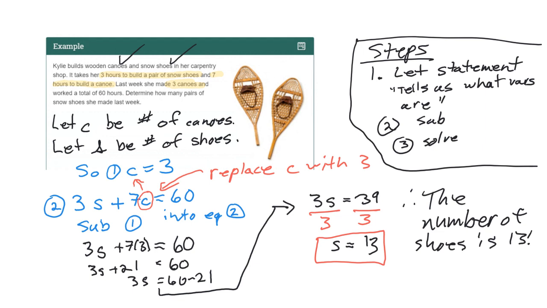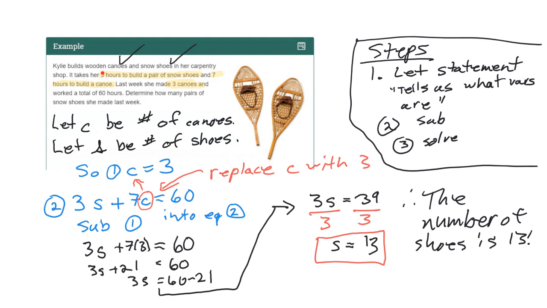Sometimes you solve for one variable, sometimes you have to solve for both, right? Now, just remember, at the beginning of the problem, what we had to do was take a look at our problem, and decode the problem by first letting us know what each of the letters would be in our equation, okay?